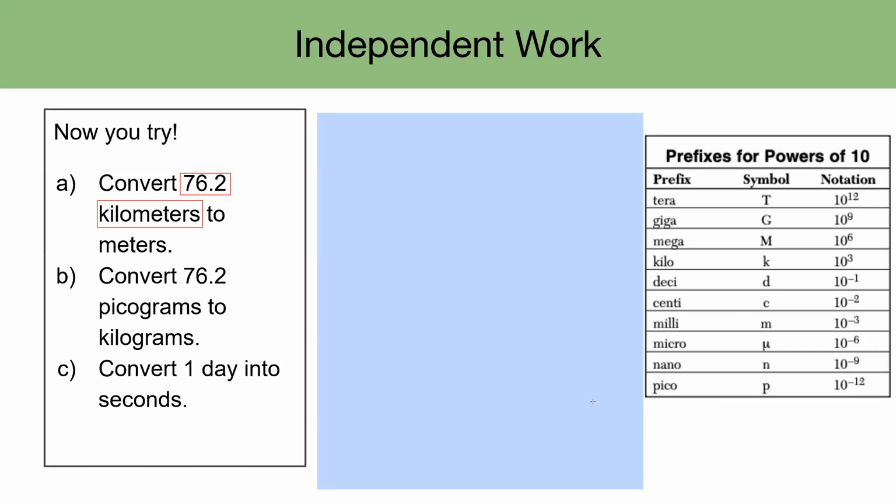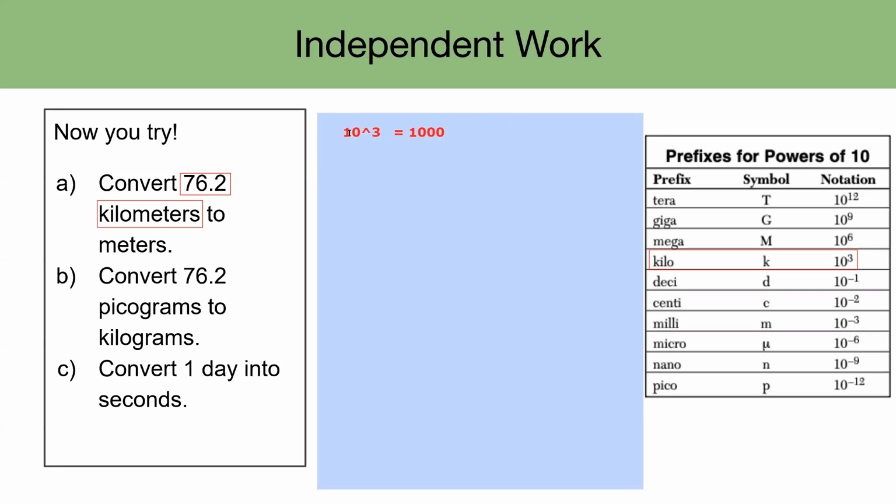So the first thing I want to do is find where kilometers is on my unit chart. And in the prefix chart, it is 10 to the third power. Another way to write 10 to the third power, of course, would be as 1,000. So 10 to the third is equal to 1,000.